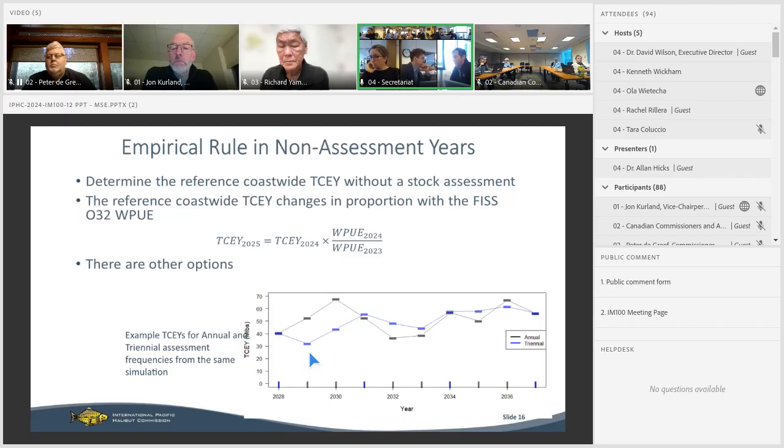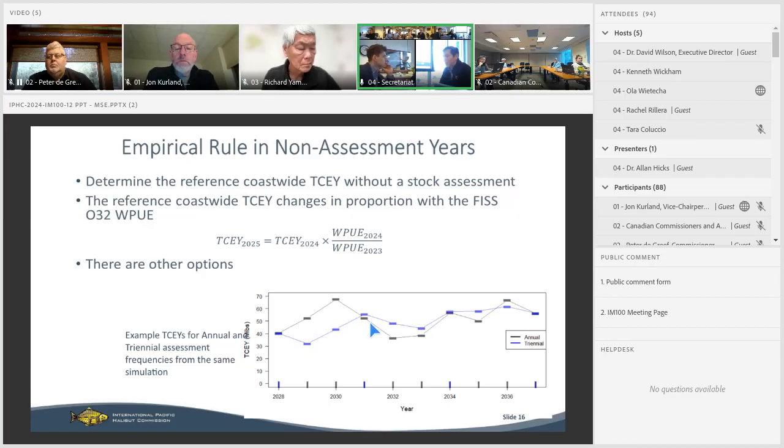And then they depart. So the assessment says, oh, it was going up, but the FIS said, nope, it's going down. And then the FIS said, oh, now it's going up, and the assessment says it's going up. And then in that third year, they conduct an assessment again. And they come closer together because it's just the assessment that's setting the TCY in that year. But they're not exactly the same because there was a little bit more harvesting in these higher points and a little bit less harvesting in those.